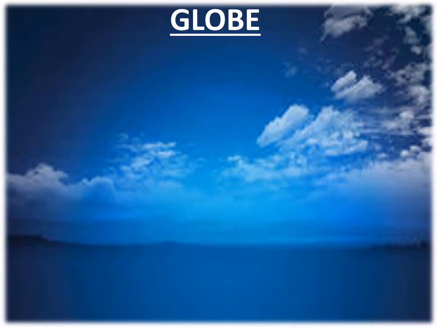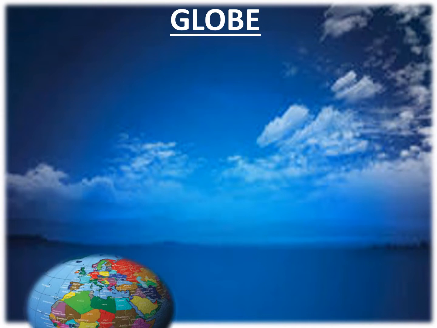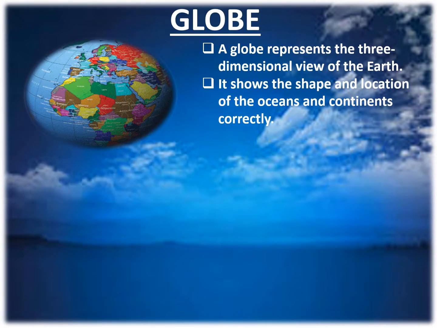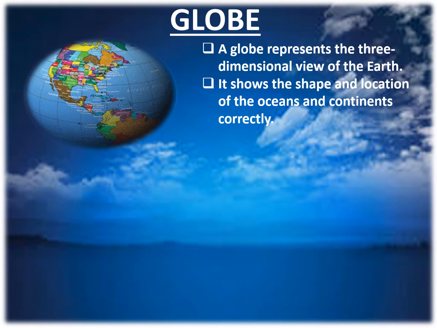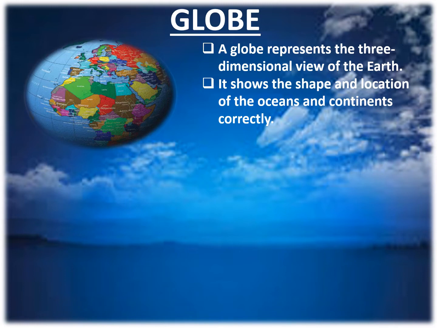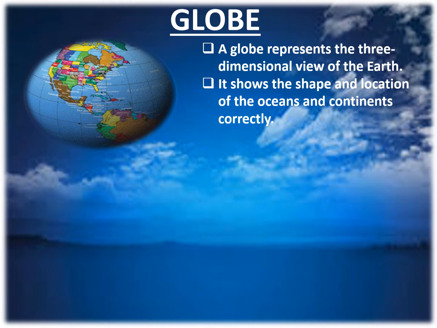Let us know what a globe is. A globe represents the three-dimensional view of the Earth. It shows us the shape and location of the oceans, continents and countries correctly in relation to one another as they are on the Earth.